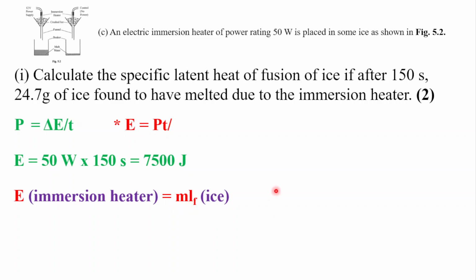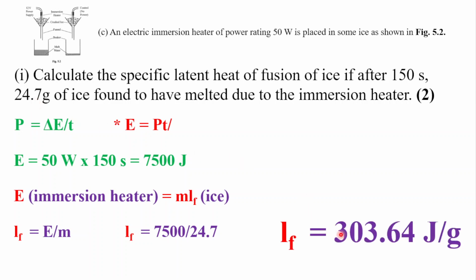Good thing they asked us to find the latent heat of fusion, because we don't have that. So the latent heat of fusion of ice equals the energy divided by the mass of ice. Therefore it is 7,500 joules, the energy we calculated earlier, divided by the mass of ice given in the question, which equals 303.64 joules per gram. Notice there's no degrees Celsius because there's no change in temperature.